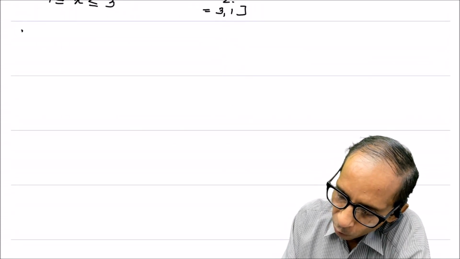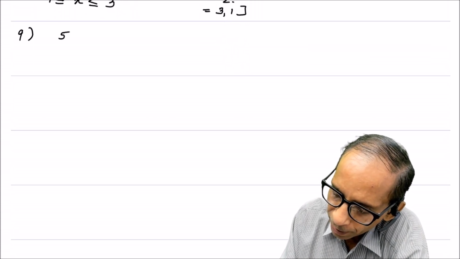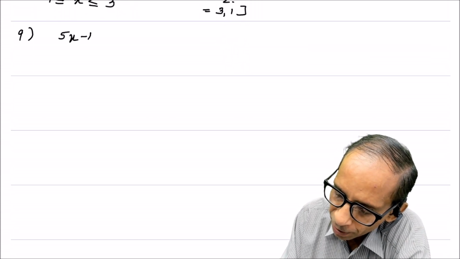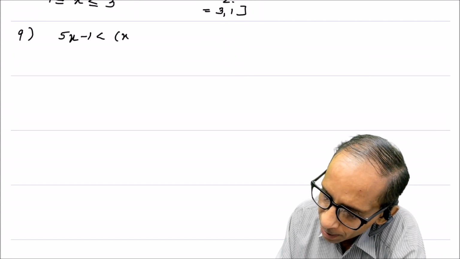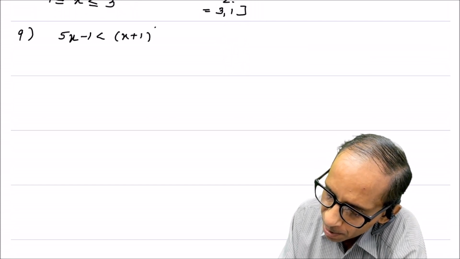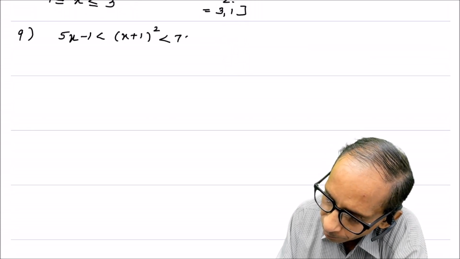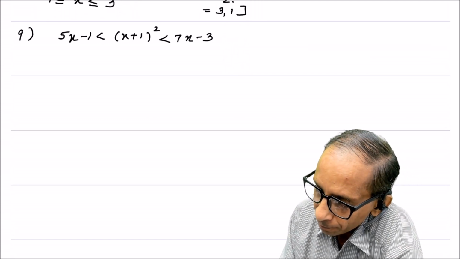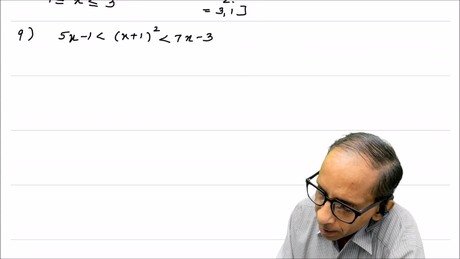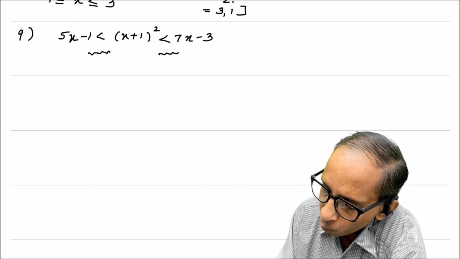The last one for us today is another question which is slightly different but also comes within the realm of quadratic inequality. It is 5x minus 1 less than x plus 1 the whole square less than 7x minus 3. If we consider this, then there are two inequalities before us.